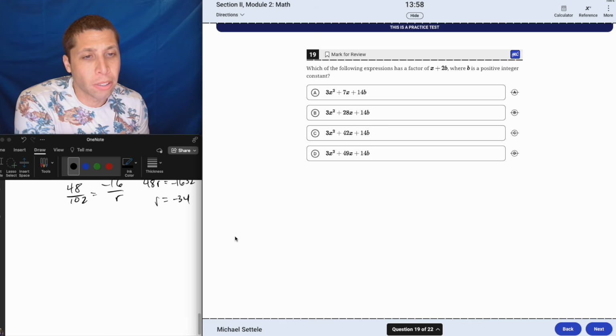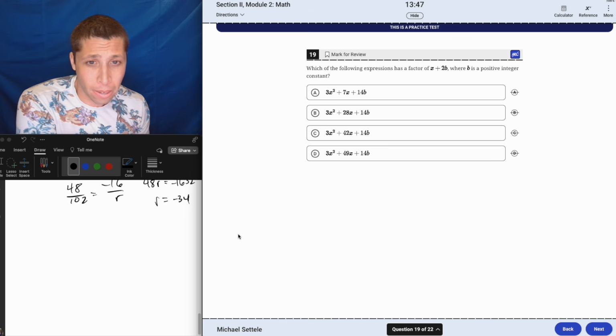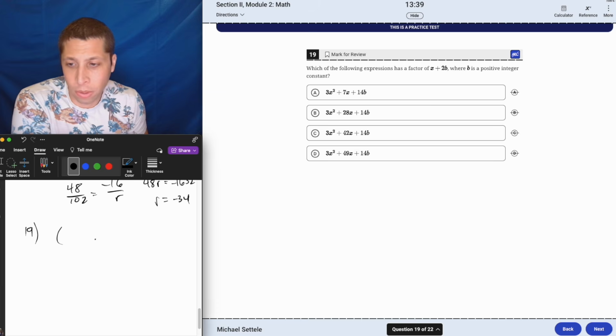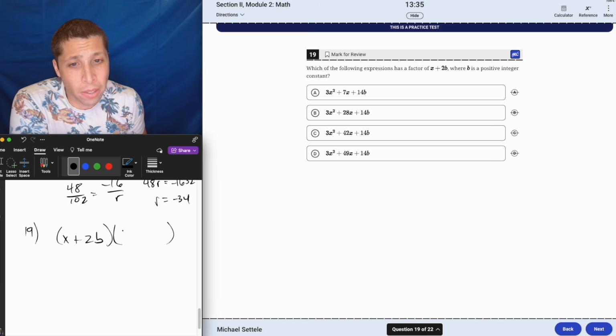Which of the following expressions is a factor of x plus 2b, where b is a positive integer constant? How would I do this? So if it's factored, x plus 2b, one of the others has to be 3x.